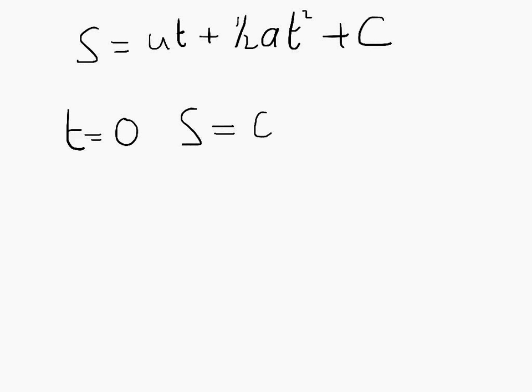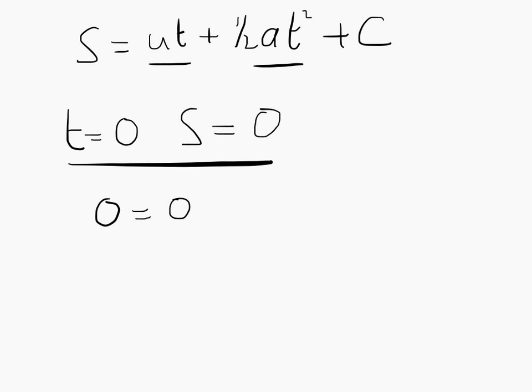So when t equals 0, s will equal 0. We put these two values into this equation, and we get 0 equals 0, because we're substituting 0 into here, and 0 into here, plus 0 plus c, so therefore c equals 0.